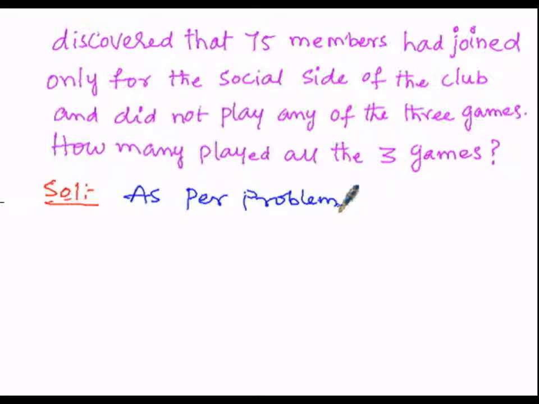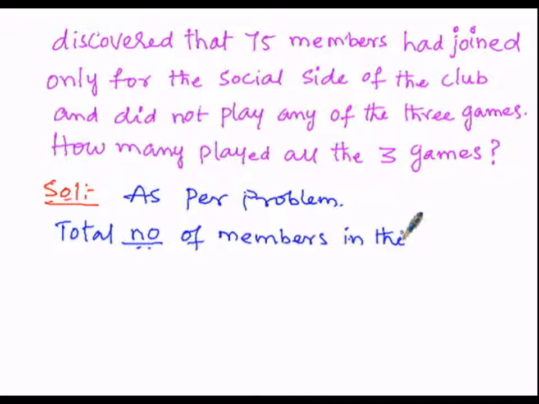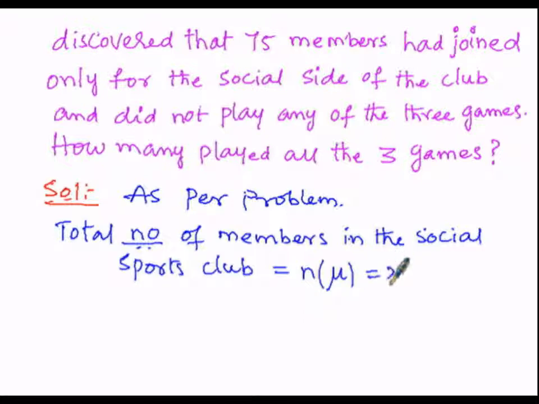the total number of members in the club. So here n of mu stands for the number of members in the social sports club, that is the universal set, that is equal to 290.